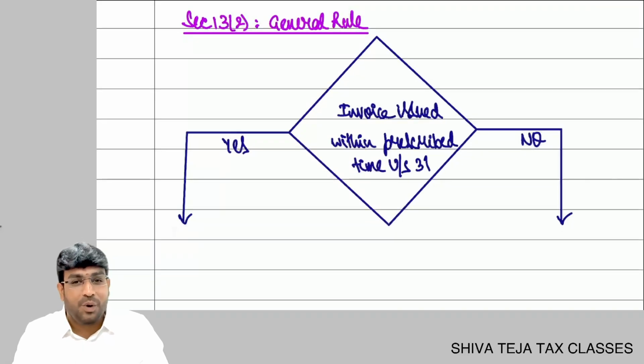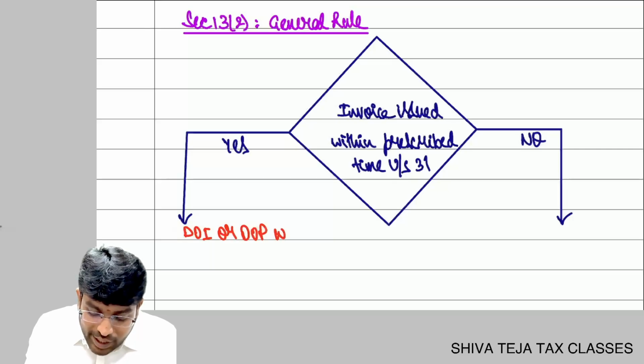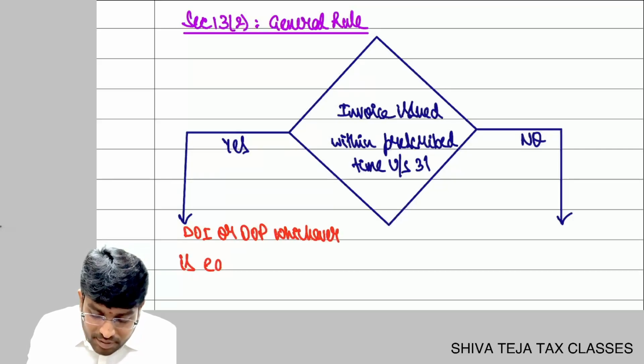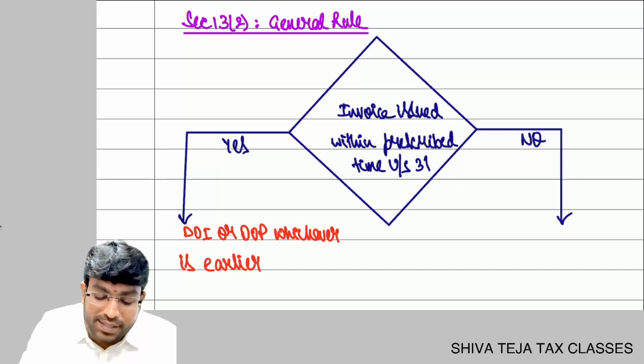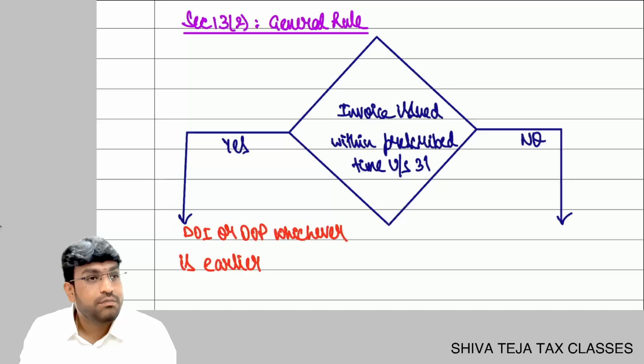Yes or no? That means what? Invoice issued within prescribed time. Then what is the answer? Straight away they told in the law: date of invoice or date of payment, whichever is earlier. Date of invoice means actual invoice date only. Here don't say ought to be issued and all.